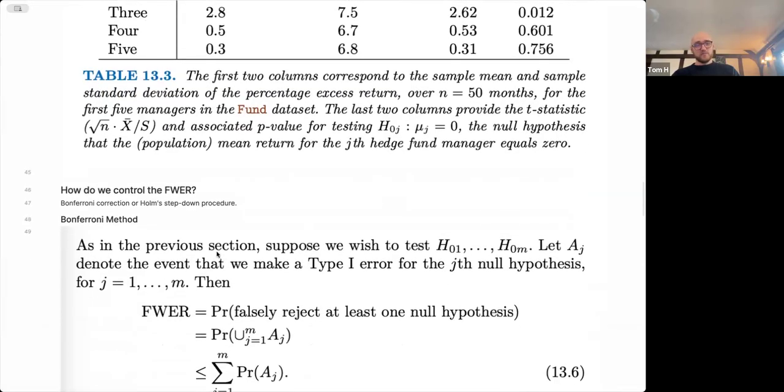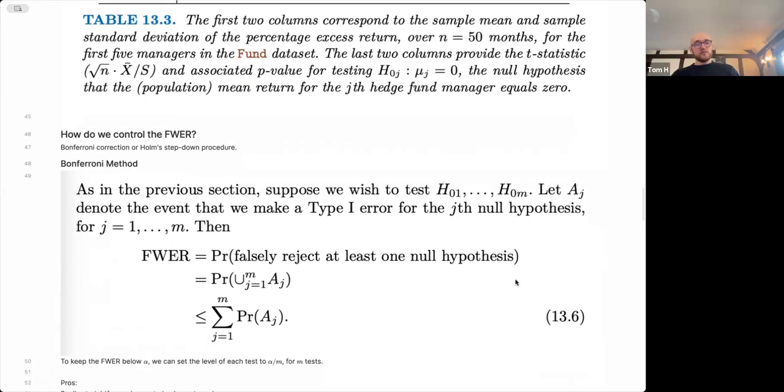So just like before, you've got M hypotheses that you want to test. So you've got all of these null hypotheses, and this A_j is the event that you make a type 1 error for the jth null hypothesis for each of your M hypothesis tests. And this probability of rejecting at least 1 is the probability of the union of the type 1 error for the jth null hypothesis.